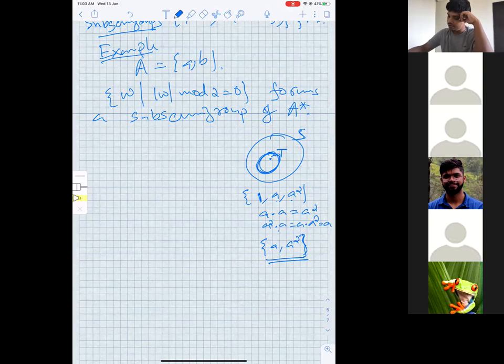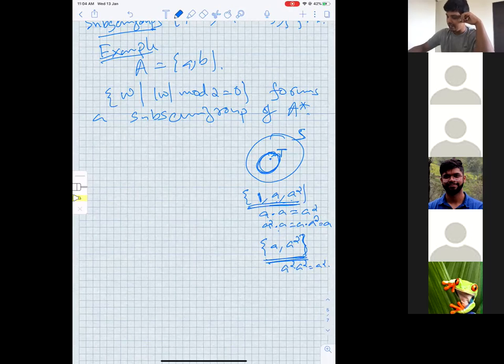Yeah, a square times a square will be a square. So this is a monoid which is a subsemigroup of this monoid, but it has a different identity.